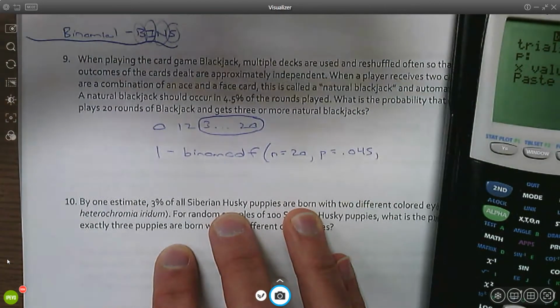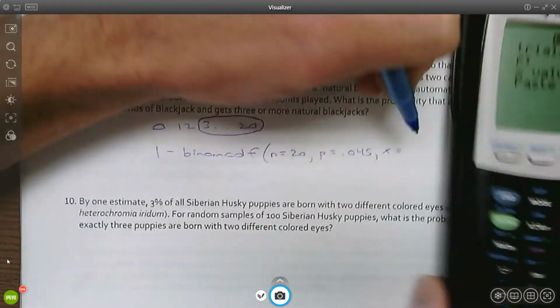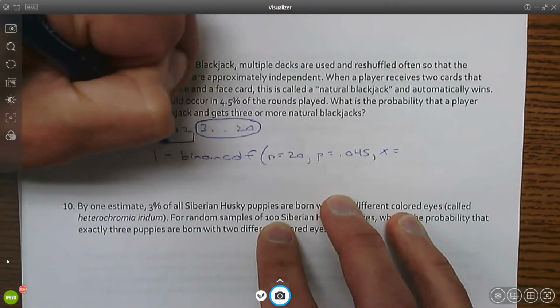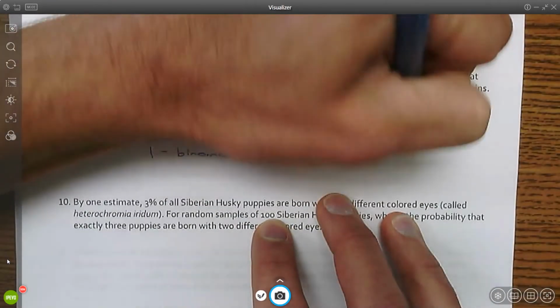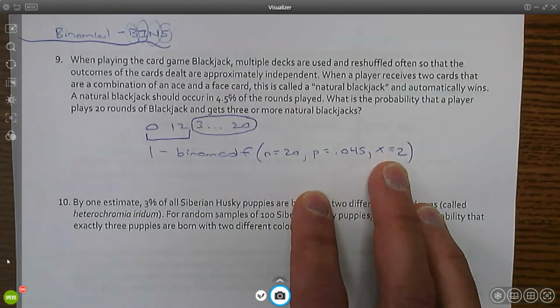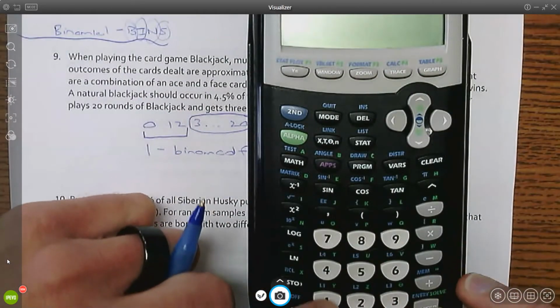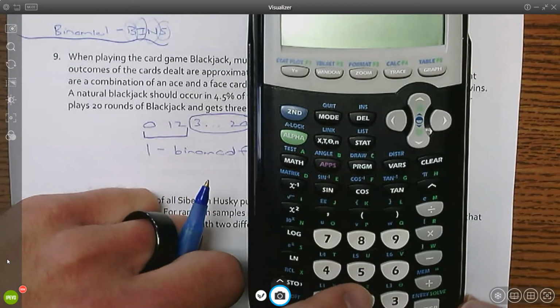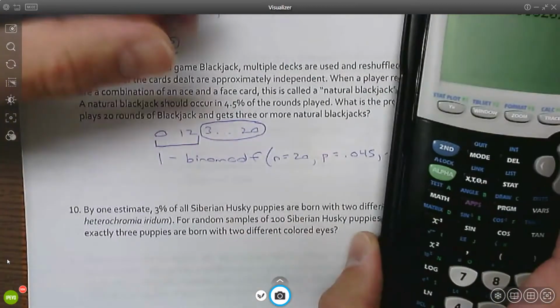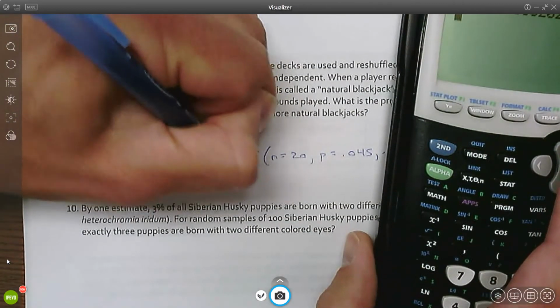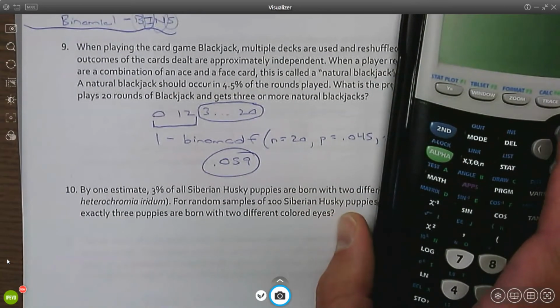And the X value is how many successes we're talking about. We need to subtract away 2 and below. So this is going to be X equals 2. So 20, 0.045, 2, paste. This would be 0.059. So there's about a 6% chance of that happening.